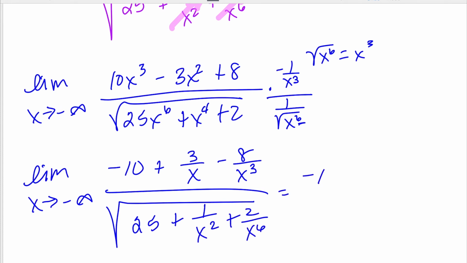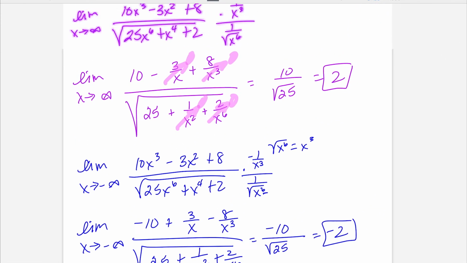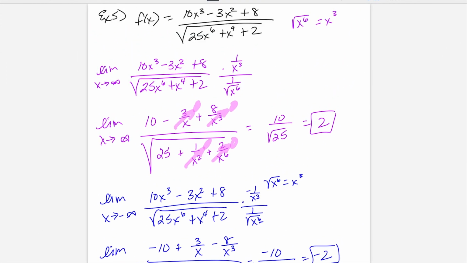So this is negative 10, we know, plus 0 over the square root of 25, and that's going to hook me up with a negative 2. Watch those negatives. That's the moral of this story. If you're going to positive infinity or negative infinity, all of those rules that we talked about, you have to pay attention to those. And when you pay attention to those, then you can see it.